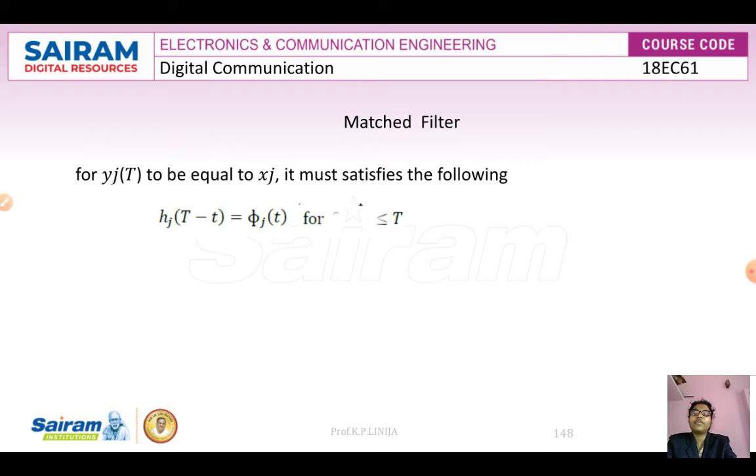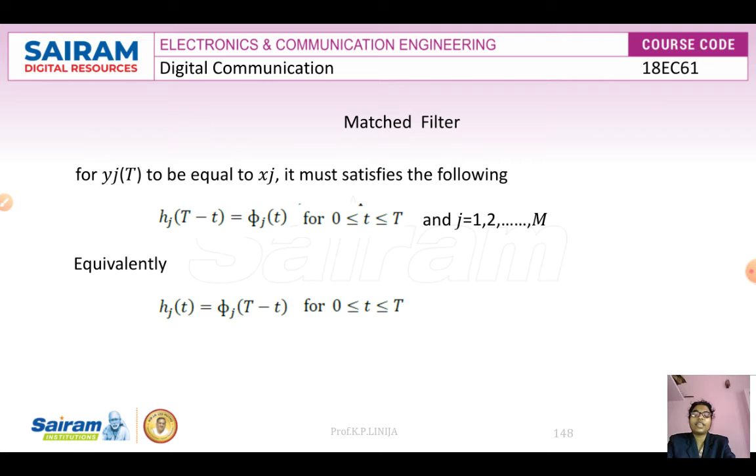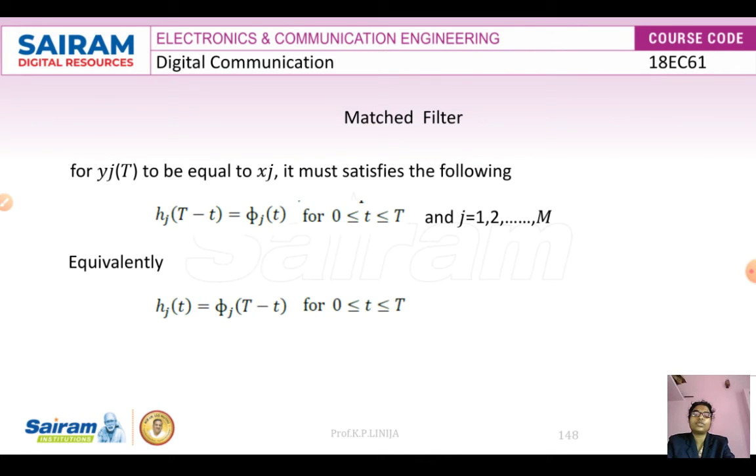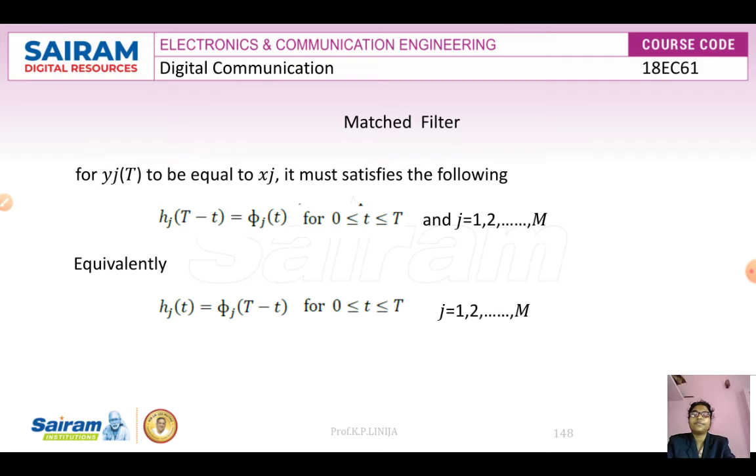Therefore, this equation is bounded at the interval 0 less than or equal to t less than or equal to capital T, and here j varies from 1 to M. So equivalently we can rewrite that hj of t is equal to phi j of T minus t, for the time interval 0 less than or equal to t less than or equal to T. Here too j varies from 1 to M.